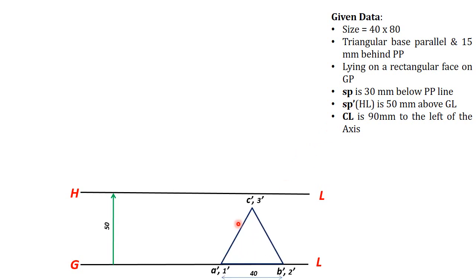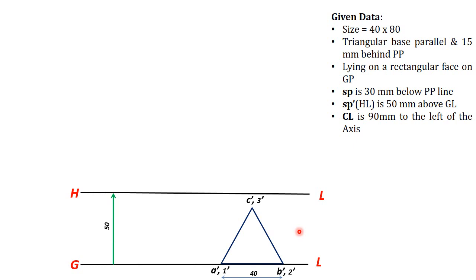Now here you can directly draw the front view of the prism, because I have already explained that point: the prism is lying on its face on the ground plane and its axis is perpendicular to the picture plane.